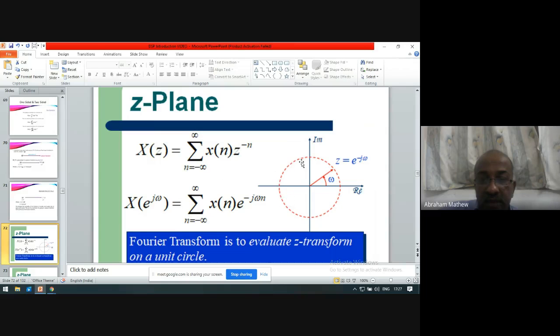And we are drawing a circle having radius z is equal to e power minus j omega. So this is how the z plane of the transform can be represented.